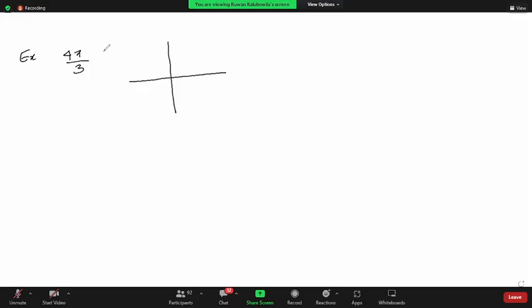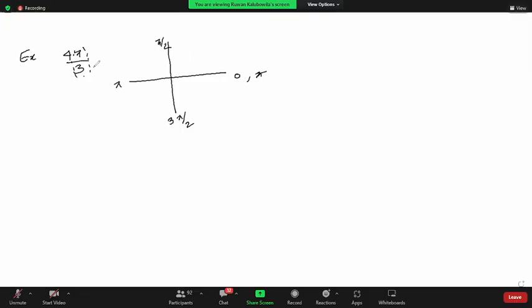You can see here, this is just like π over 3 times 4. So this is 0, π over 2, π, then 3π over 2. This is the 2π, like that. This is the rotation.